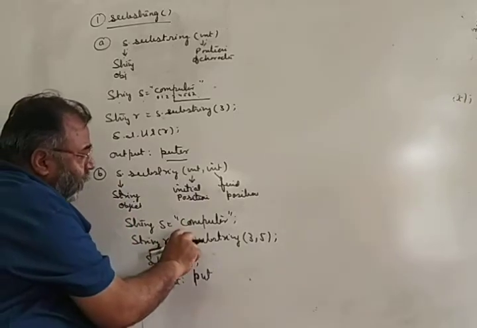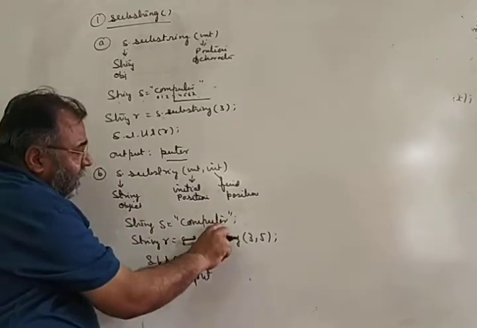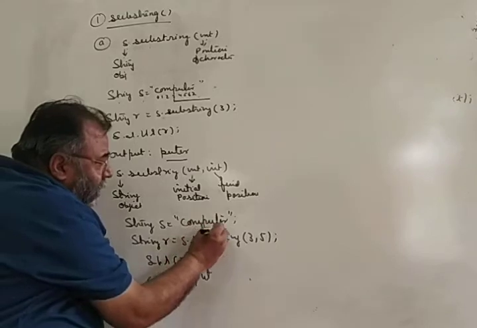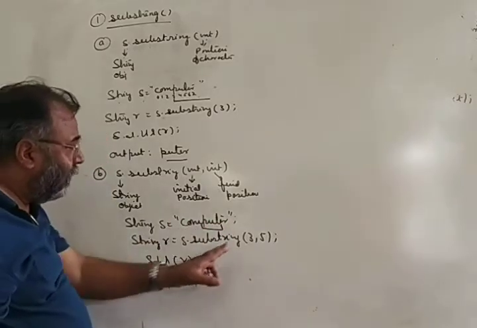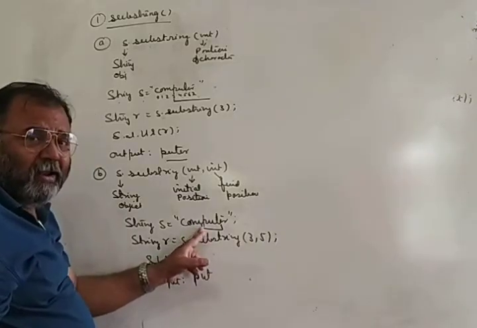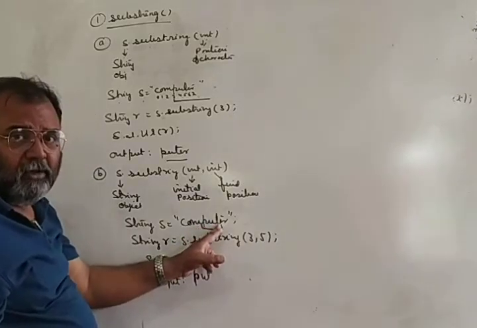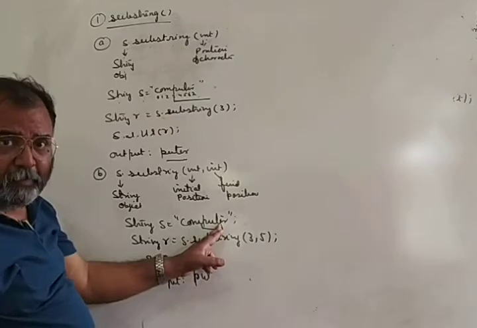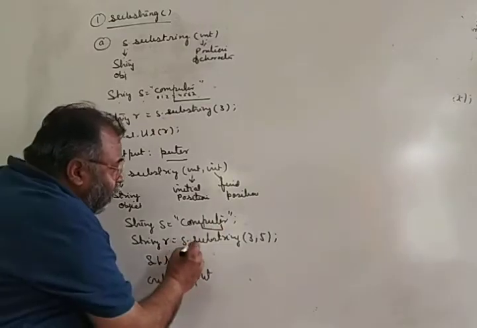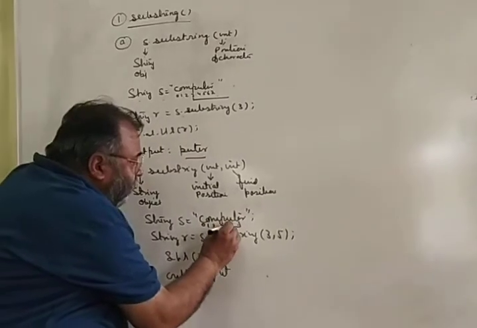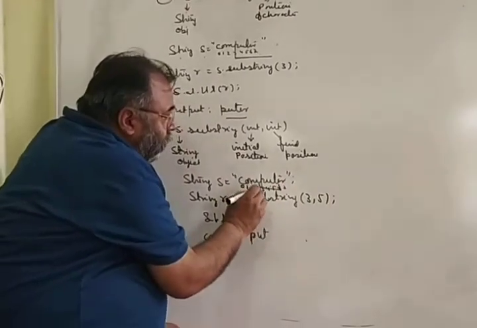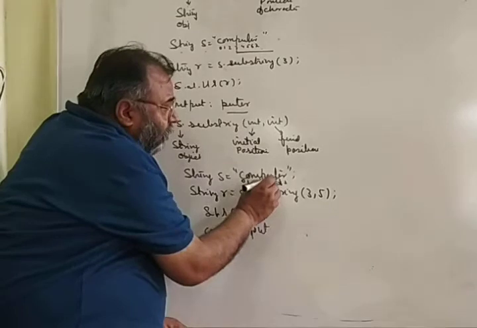Suppose in the computer case you want to pick a part in between the given string. So you have to give two values: from where till where you want to pick the part of the string. Now s dot substring(3, ...) with positions 0, 1, 2, 3, 4, 5, 6, 7. So you want to pick from 3rd to 5th.